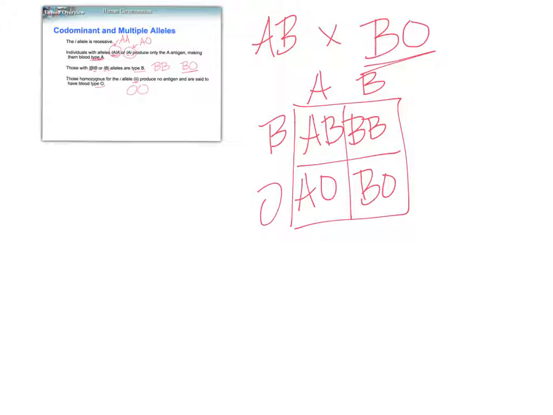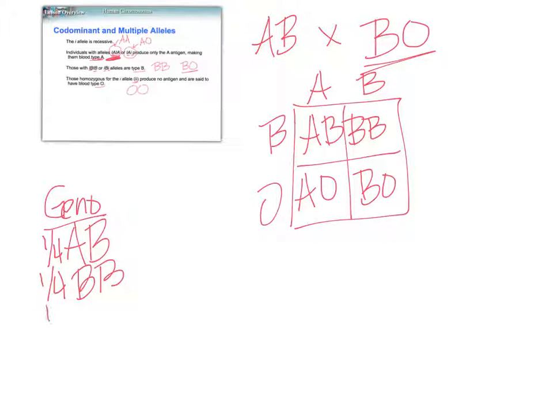All right, so for genotypes, we're looking into the boxes and just writing down the letters. For genotypes, you can refer to what we said before, and you can do the I's and the A's and the I's and the B's, or just write what we have in the boxes. 1/4 AO and 1/4 BO.